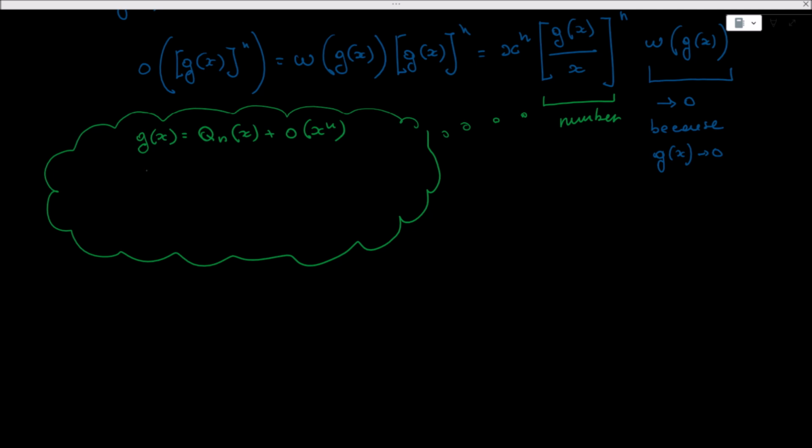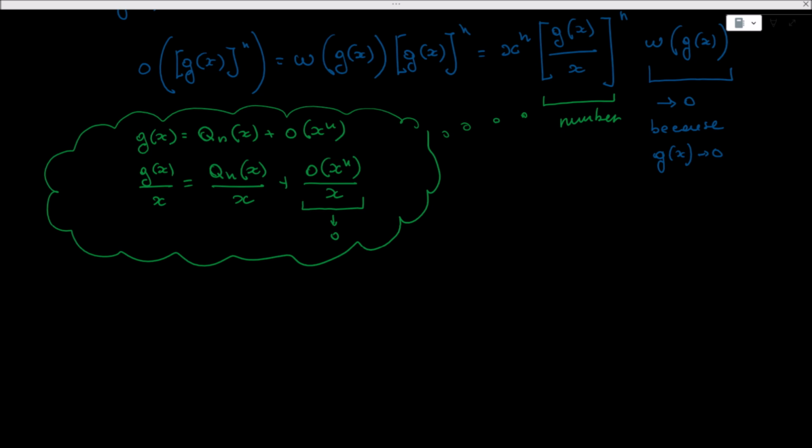If we divide by x, we have g of x divided by x equal to qn of x divided by x plus little o of x to the n divided by x. But when x goes to 0, the second term will go to 0 just by definition of little o of x to the n.